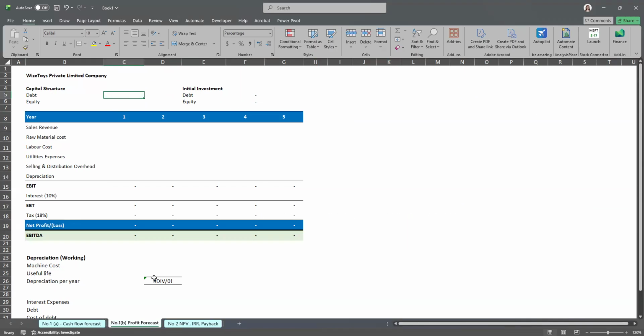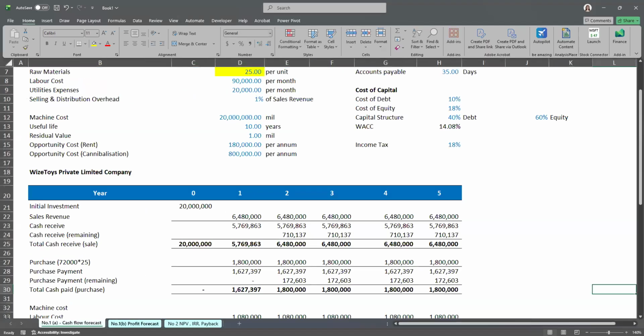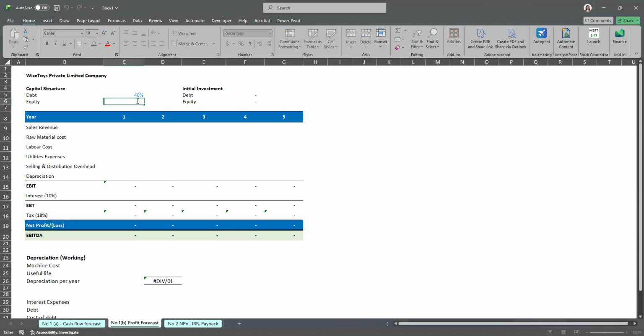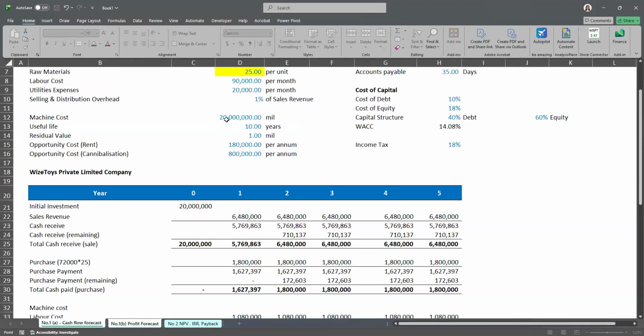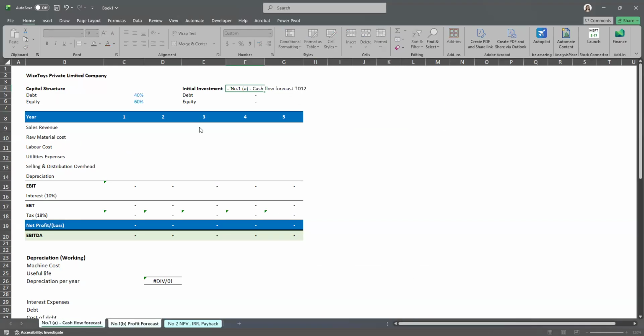we know debt is 40%. Equity is 60%. Initial investment is 20 million.